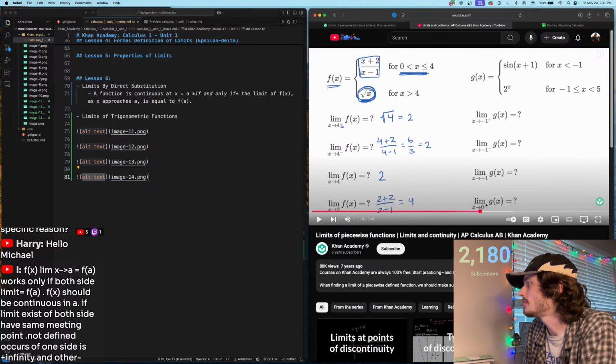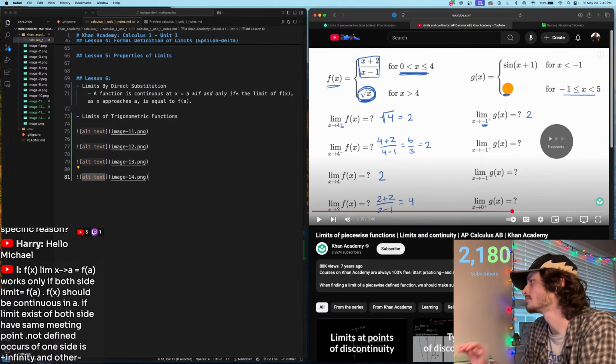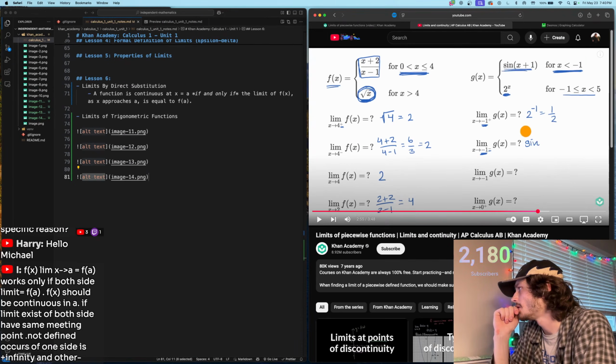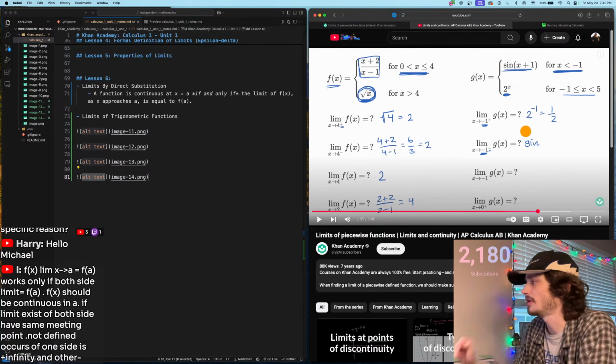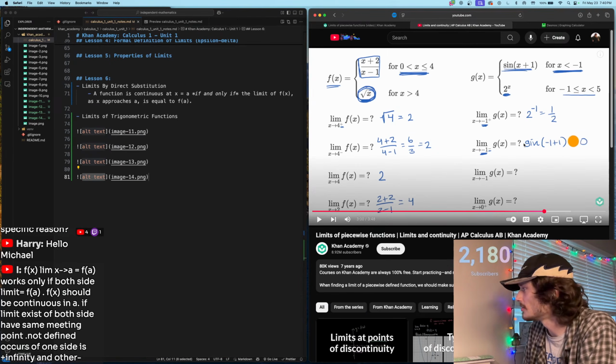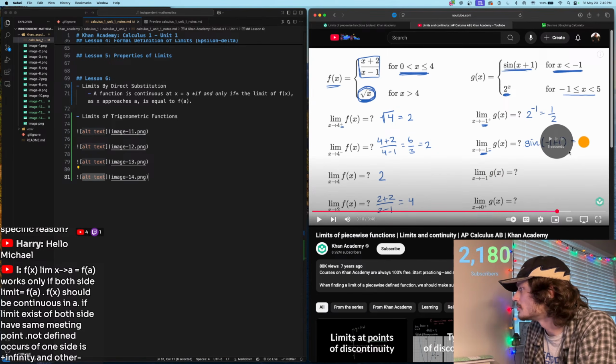And then at 0, coming in from the right, should be 2 to the power of 0, 1. So this one says does not exist.